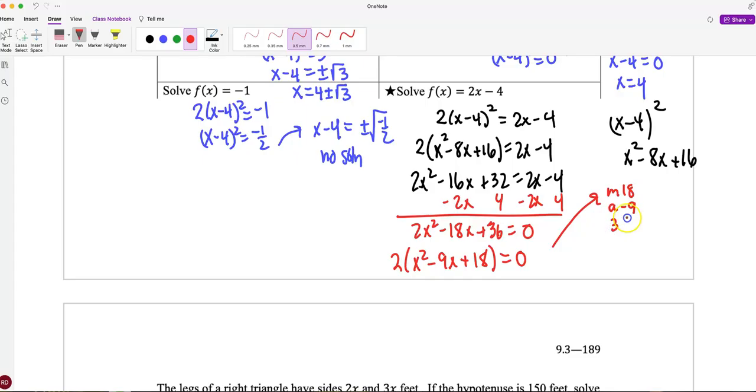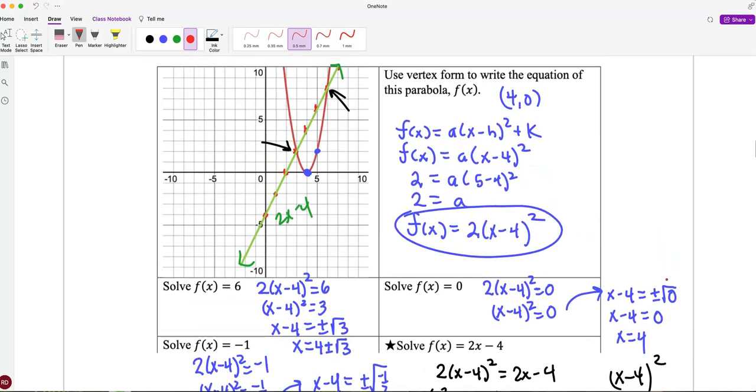I think that's a 3 and a 6, both being negative. So this is 2(x minus 3)(x minus 6) equals 0. X is 3 or 6. We'll go back and look at that graph. Here's 1, 2, 3. X equals 3 and x equals 6 are the two solutions there.